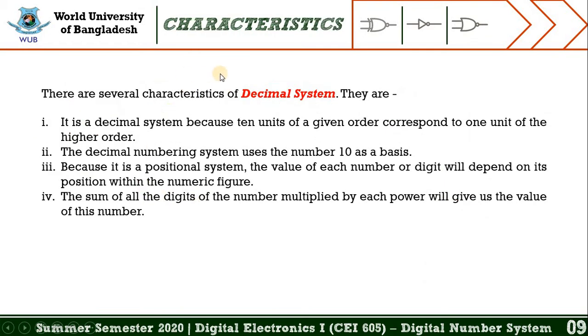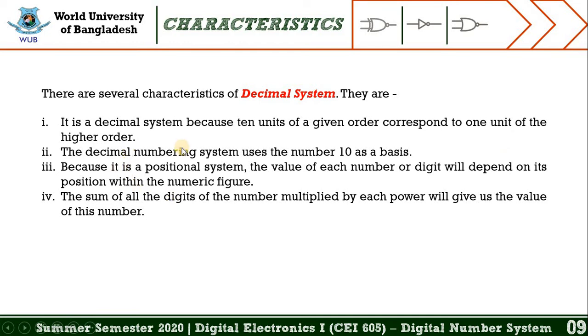Now from this slide we may learn the characteristics of decimal system. There are several characteristics of decimal system. It is a decimal system because 10 units of a given order correspond to 1 unit of the higher order.